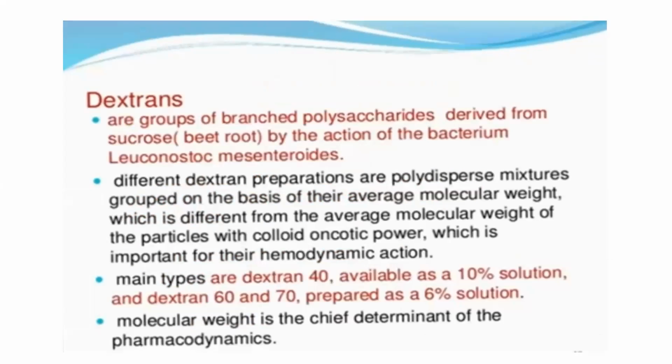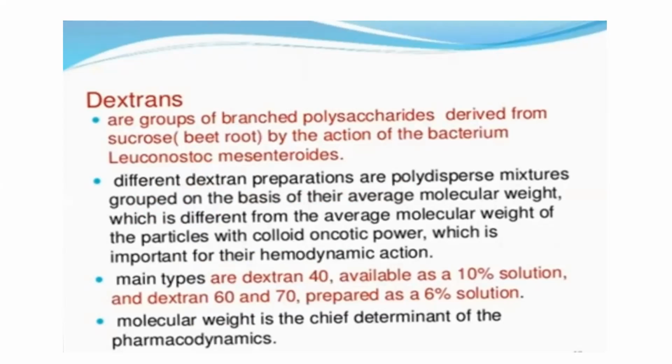Second, dextrans are a group of branched polysaccharides derived from sucrose, beetroot, by the action of the bacterium Leuconostoc mesenteroides. Different dextran preparations are polydispersed mixtures grouped on the basis of their average molecular weight, which has colloid oncotic power, important for their hemodynamic action.